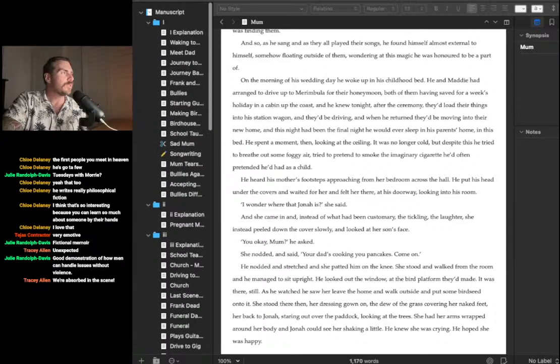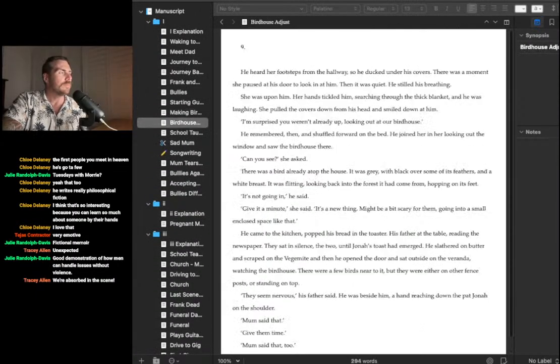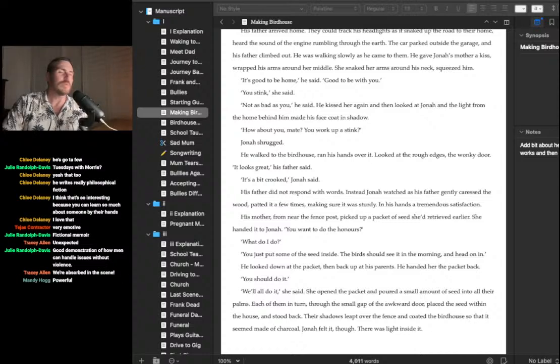And there's this beautiful stuff up here too, making a birdhouse with his mum. Maybe this book's good. I don't know. Sometimes I read it back and I think there's some really cool stuff in it, but there's some things that I just don't know about. I feel like it rambles.